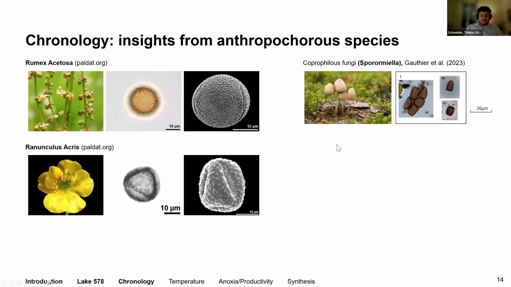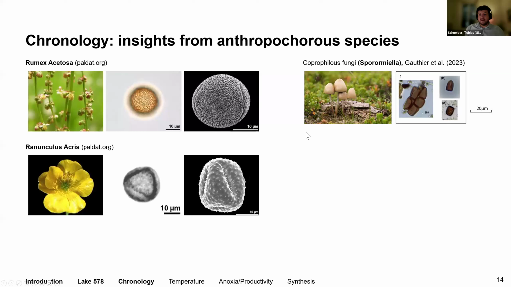So the Norse brought to Greenland different species that were not native there, and they can be used as an indicator of when the Norse arrived. One is Rumex acetosa, the other one Ranunculus, and sometimes also coprophilous fungi that can be used to identify the arrival of the Norse, respectively of their sheep.